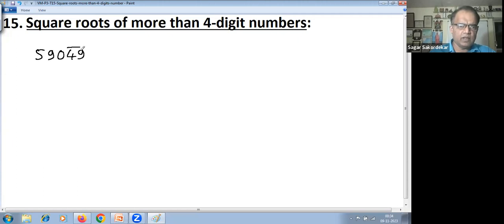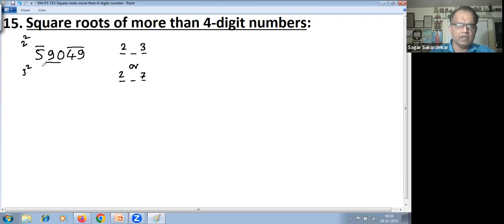Groups will be formed like this, in the middle, and the first group is just a single digit. The last digit is 9, square root of 9 is 3, complement of 3 is 7. 5 is between 2 square, that is 4, and 3 square, that is 9. Between 4 and 9, so the lower side is 2. So the first digit is 2.